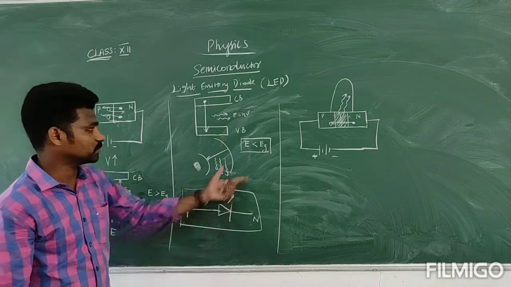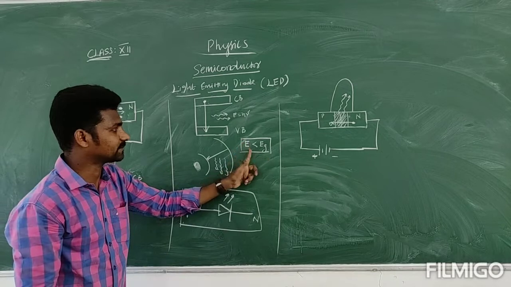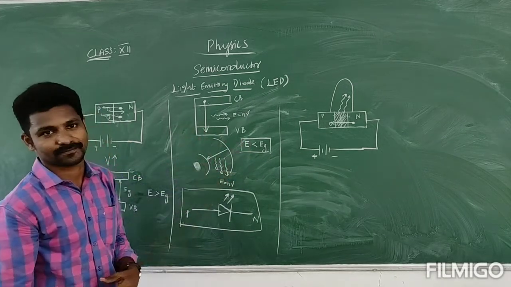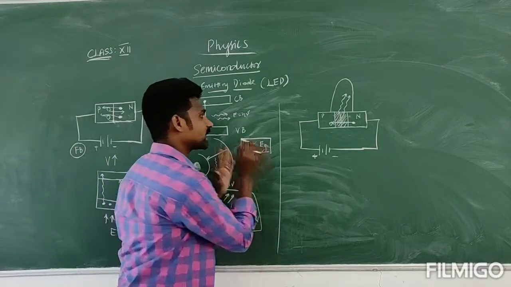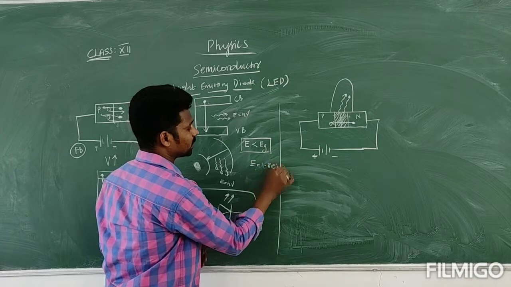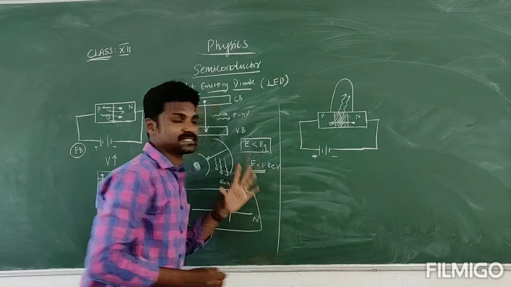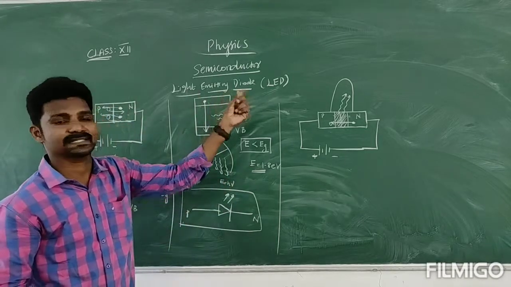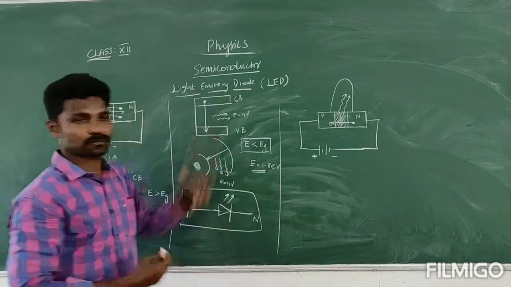Okay, right. A very important point here: the energy gap should be nearly equal to or less than the energy, so the required energy gap level is E equal to 1.8 electron volt. This is the sufficient energy. If we have this much energy, then only we can get light energy as output.